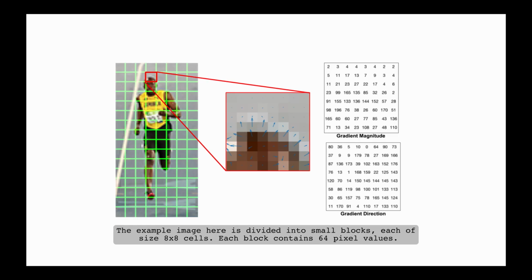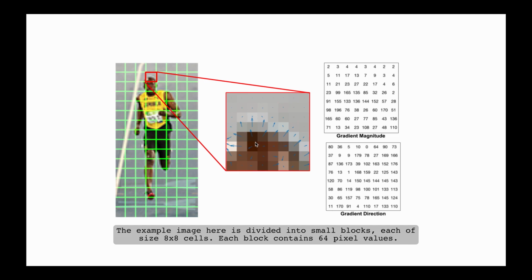The next step in the calculation of HOG features is to divide the image into 8 by 8 cells. Here is an example where the image is divided into 8 by 8 small cells. As you can see here, this is the entire image, and this is one 8 by 8 cell.